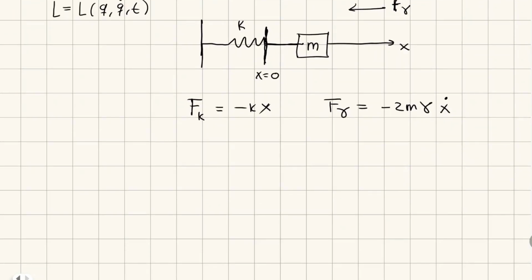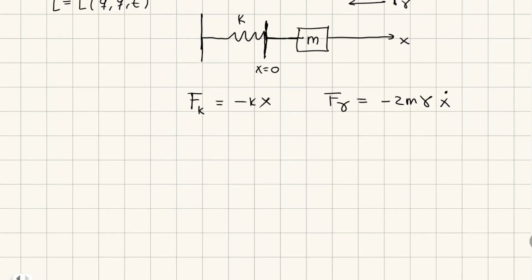So using Newton's second law, we can establish a differential equation for this example. The total force on the block is going to be m times x double dot, where this is the acceleration of the block, and this is going to be equal to the sum of every force acting on the block.